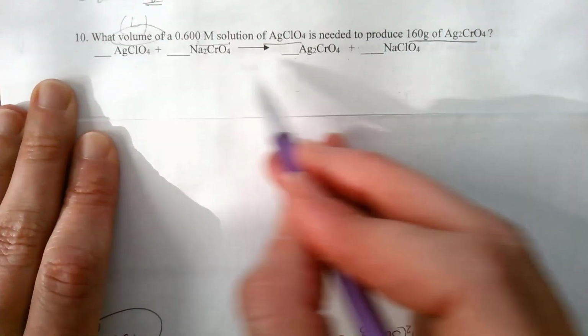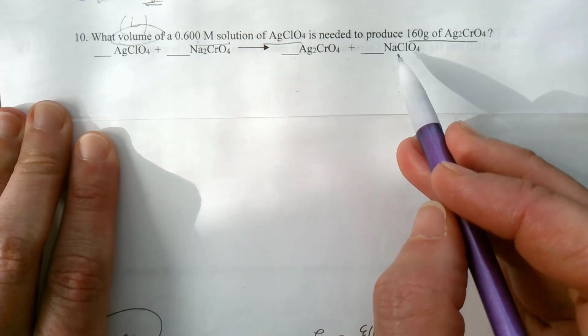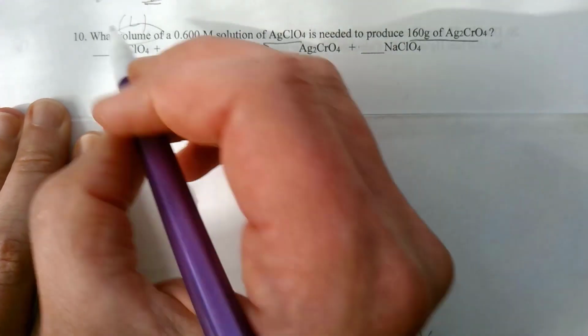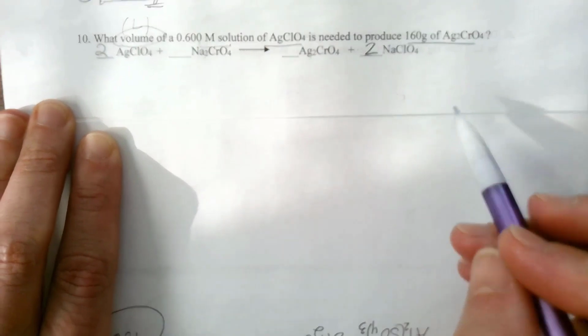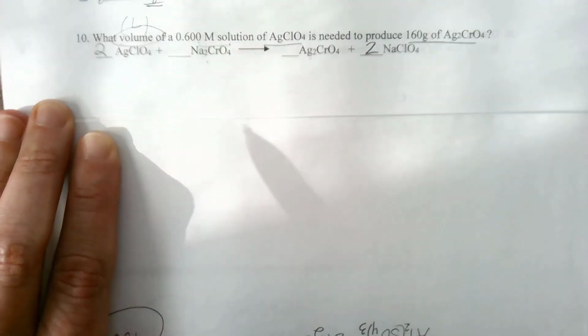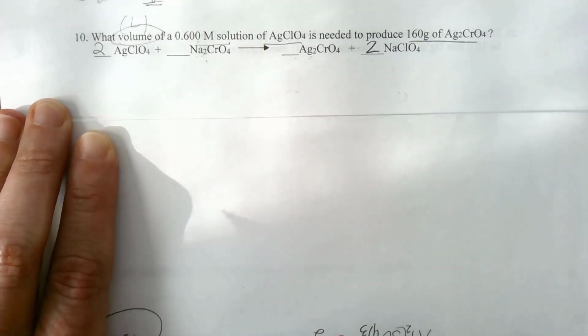Okay, first things first, let's make sure that we have a balanced equation. I have 2 Ags on the right, so I need 2 Ags on the left. And I have 2 NAs on the left here, so I need 2 on the right. And I believe everything else is balanced.